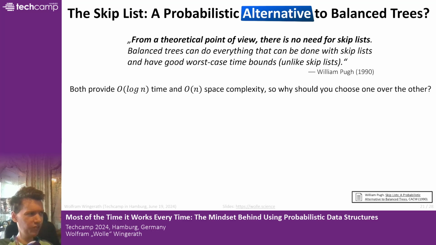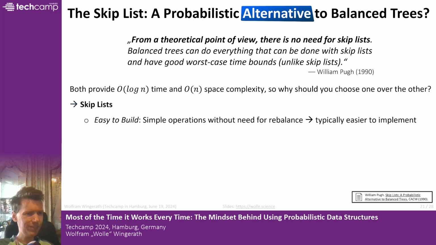So why are we talking about this? I think there are 2 good reasons. The first one is, skip lists are actually easy to build. It's a data structure you can implement yourself, and you understand what's going on. If any of you have ever seen industry-grade implementations of tree indexes, they're super complex. People have poured hundreds of woman years into implementing these database indexes and tree structures because they are really complex.